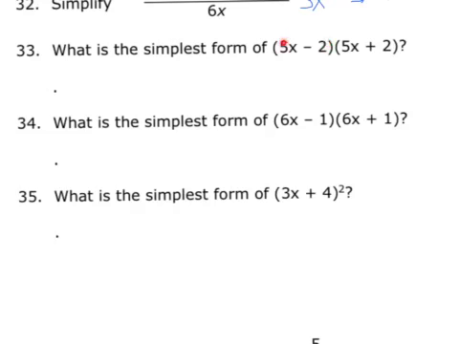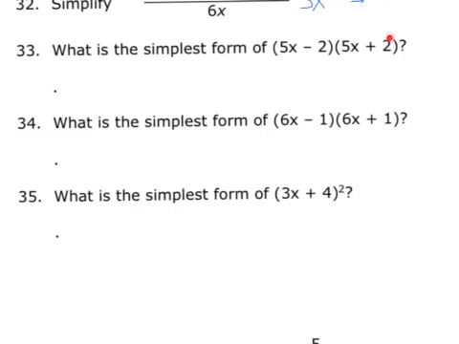So I'm going to take 5x and distribute it to each one of the terms inside of the other parentheses. Okay. Then when I finish that, I will take the negative 2 and I will distribute it to each of the terms as well. So it's a binomial times a binomial. So there's 4 times I'm going to be multiplying.